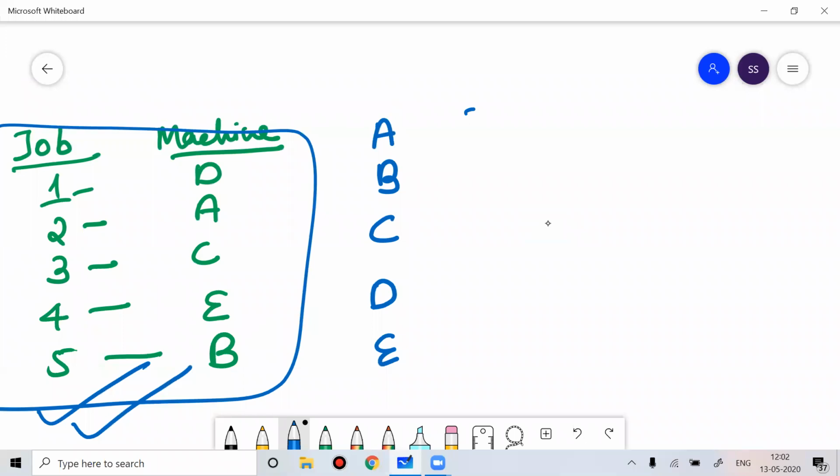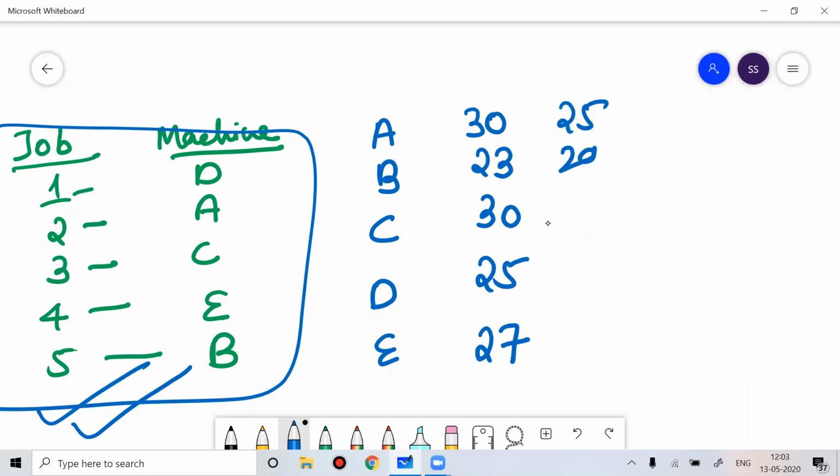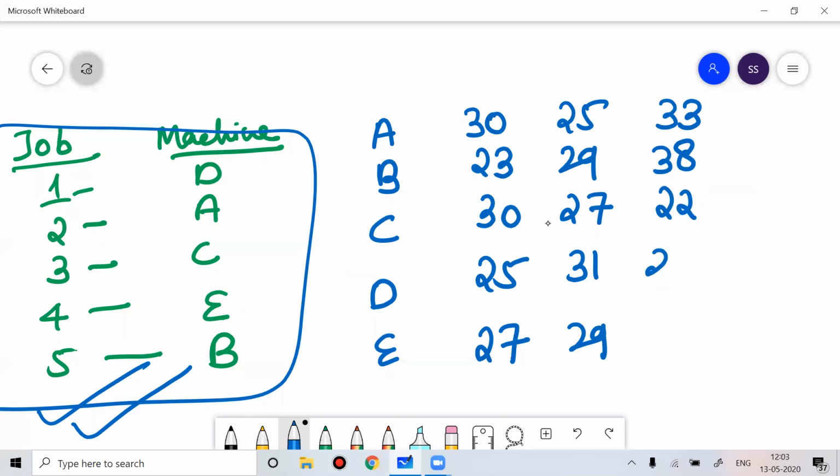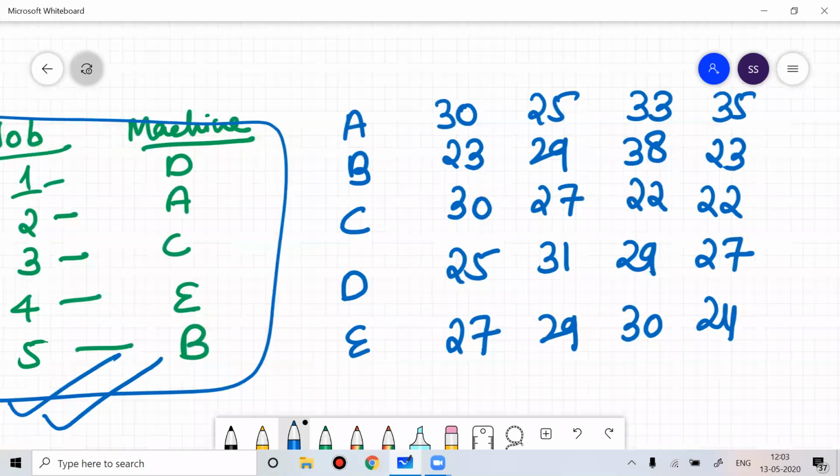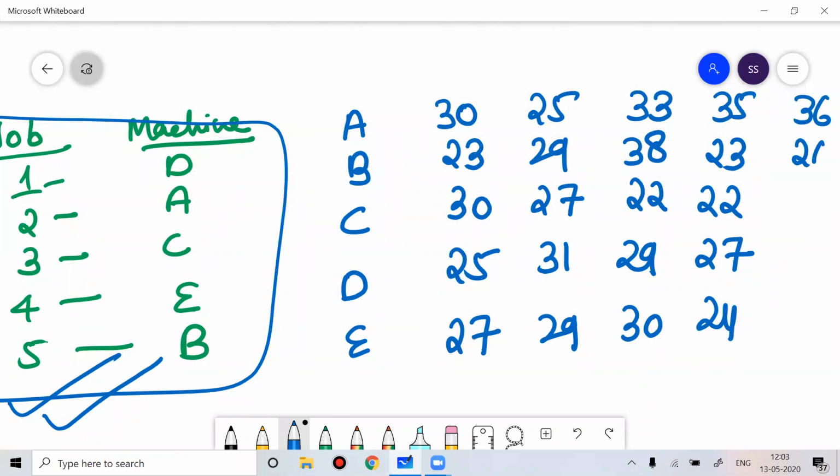The costs are 30, 23, then 30, then 25, then 27, then 25, 29, then 27, then 31, then 29, then 33, 38, 22, then 29, then 30, then 35, then 23, then 22, then 27, then 24, then 36, 26, then 22, then 32, then 32.